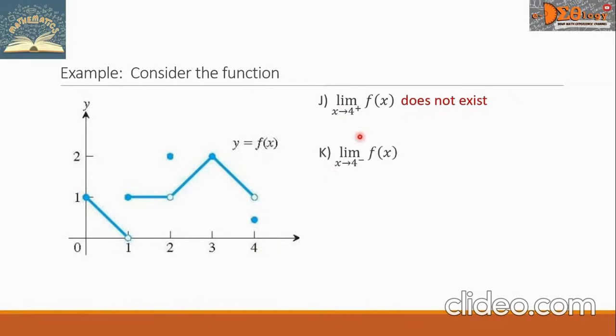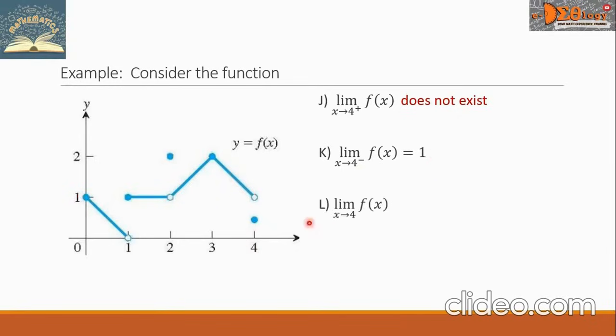Example K, the limit of f of x as x approaches 4 from the left side. So when x approaches 4, the graph is approaching a value of y, which is 1. So the answer here is 1.